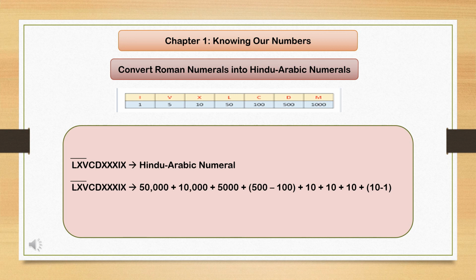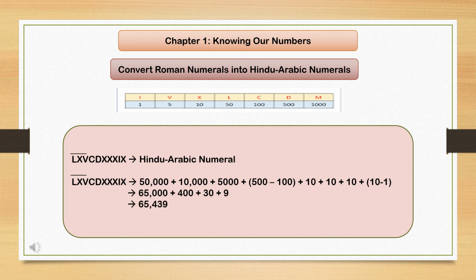Next we have X 3 times. That means 10 plus 10 plus 10. Last we have IX. That means 1 is subtracted from 10. So we will write 10 minus 1. Let's open the bracket. 50,000 plus 10,000 plus 5,000.